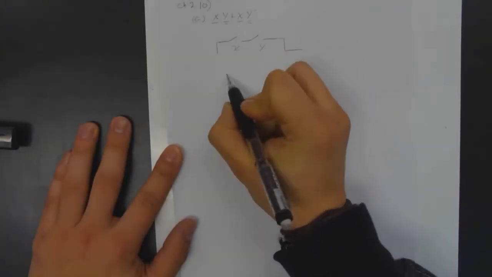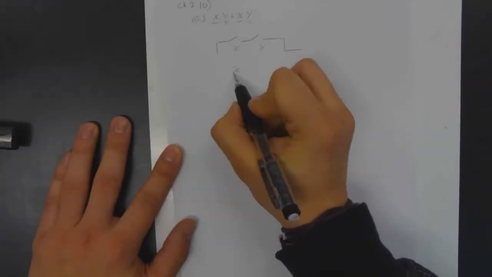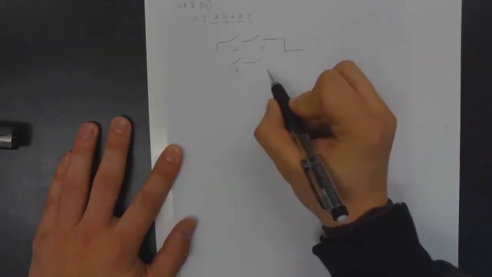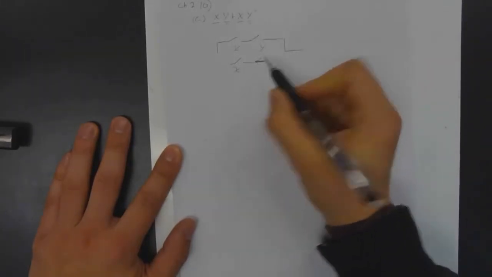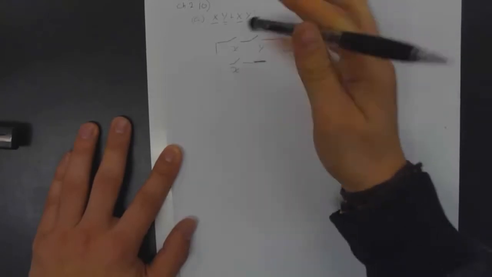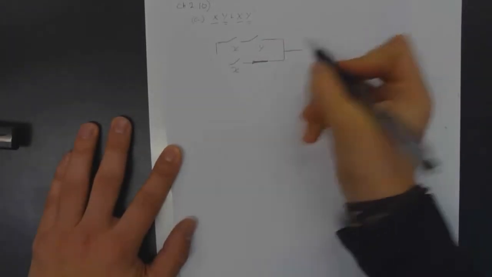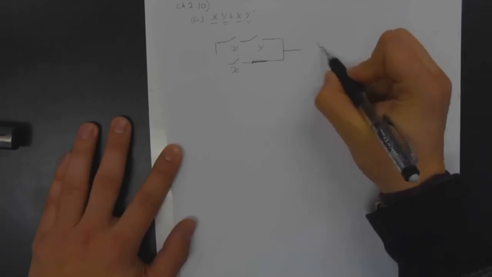And then you've got another one down here. We're just going to draw it separately so you can see what's going on. And this is some output F.